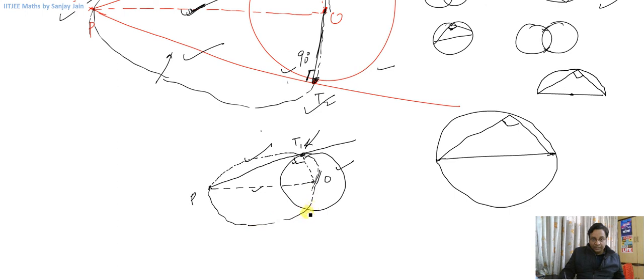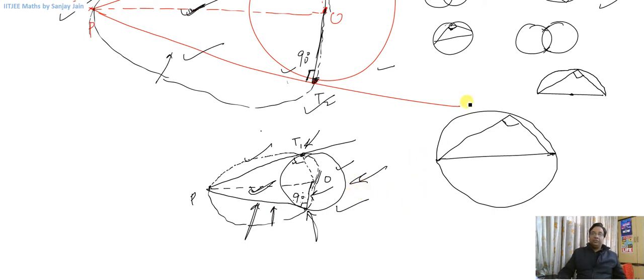If I join O with this point and P with this point, this angle will again be 90 degrees, because OP is the diameter and this is an angle made in a semicircle. And if it is 90 degrees, this is also an angle between the radius and a line which touches the circle at only one point. So it is another tangent for this circle, right?